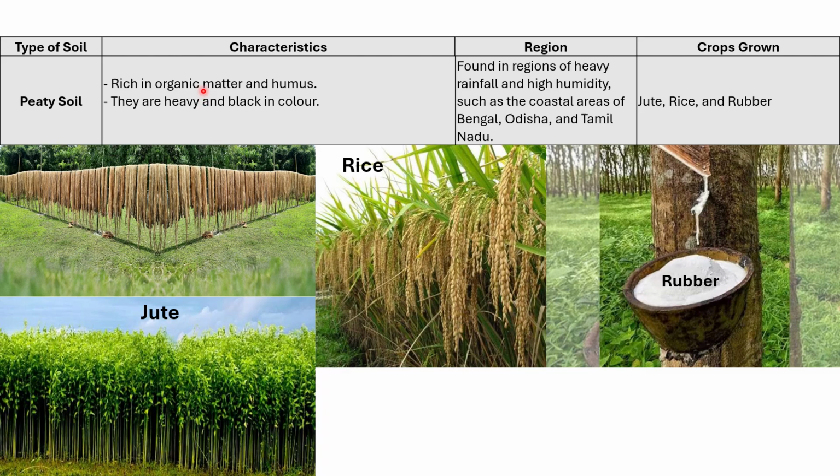This type of soil is generally found with heavy rainfall and high humidity, such as in coastal areas, Bengal, Odisha, Tamil Nadu. Major crops in peaty soils are jute, rice and rubber. You can imagine how tall jute plants can grow, how rice grows in waterlogged fields, and how rubber is tapped from the rubber trees in peaty soils.